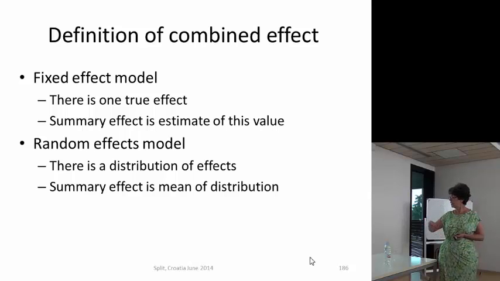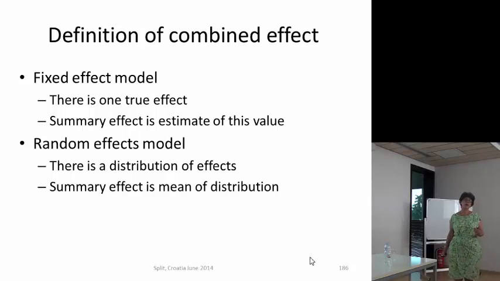So I think I mentioned this already, that in a fixed effect model, you believe there's one underlying true effect, so the summary effect you get is not just the mean, it is the true value in the population.